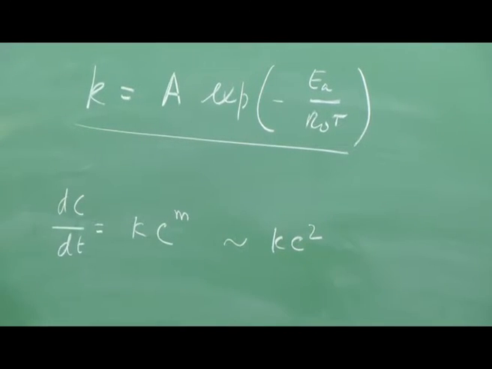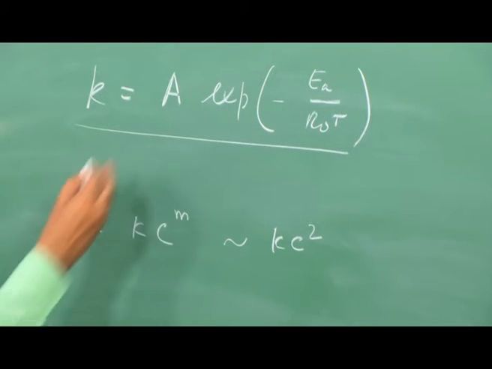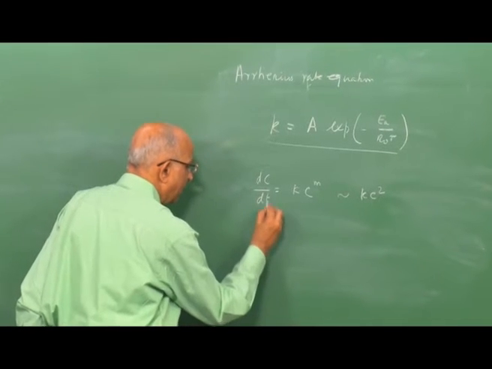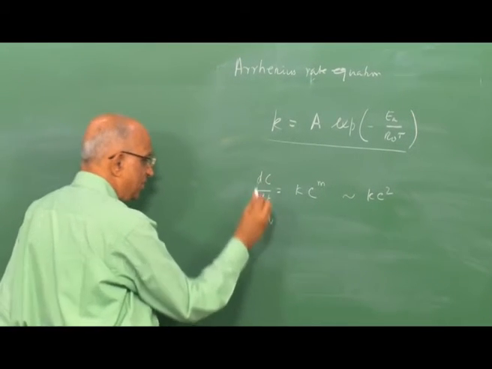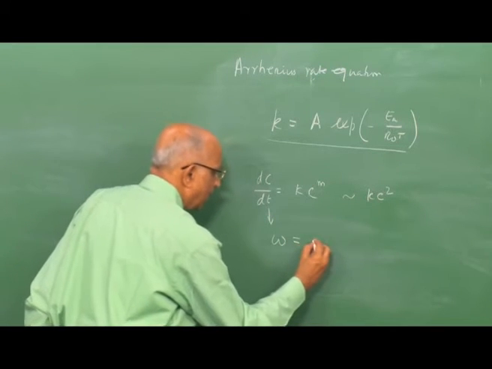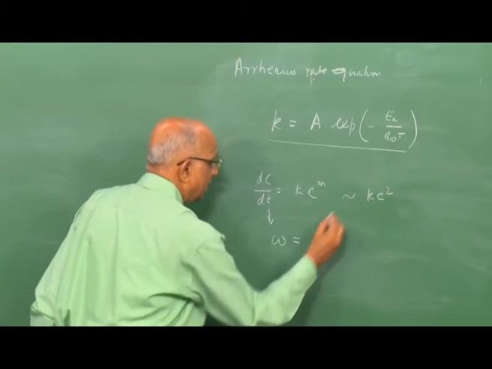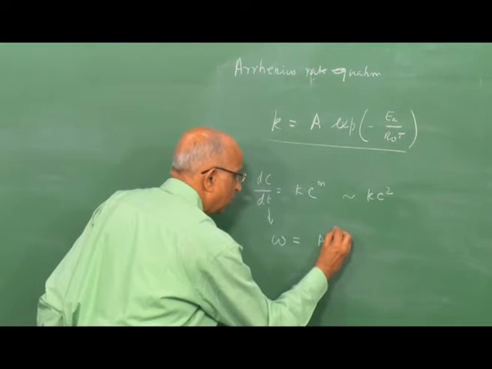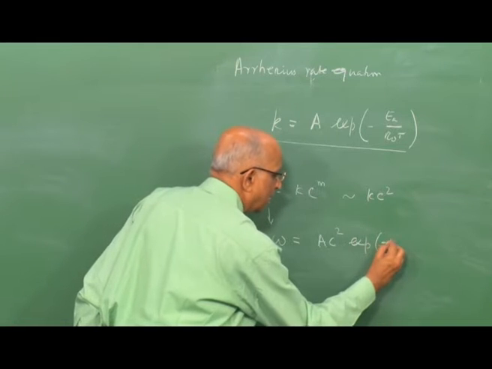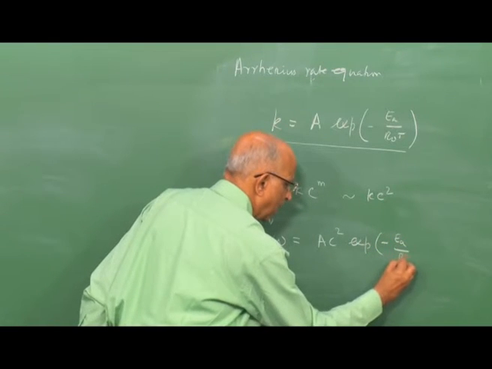I have C plus C giving products, and therefore I can write the value of dC by dt, which I can say as so many moles per cc second, and denote it by omega. It is equal to A C to the power square into exponential of minus EA by RT.